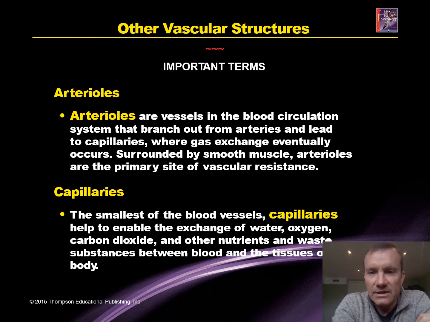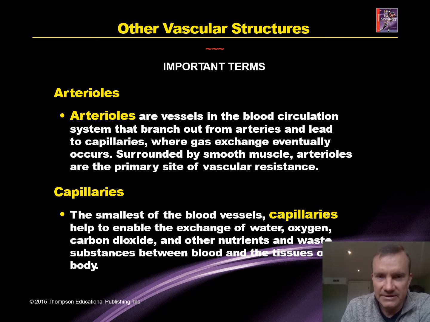And remember, in cellular respiration, in the presence of oxygen, you can create a whole lot of ATP from one glucose molecule. Well, this is where the oxygen comes from. It comes from the blood, it gets delivered to the tissues, and is used by cellular respiration to create ATP. It travels there through the arteries and then arterioles, and the exchange actually happens at the capillaries.